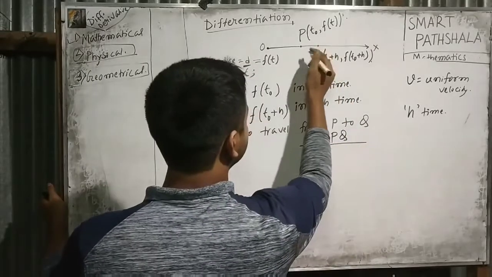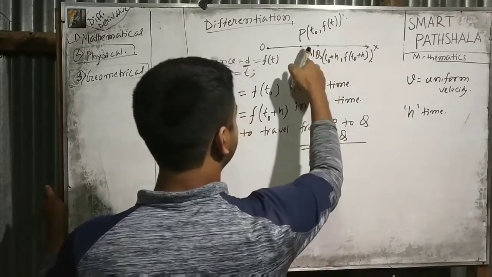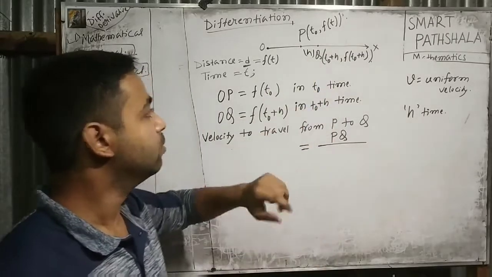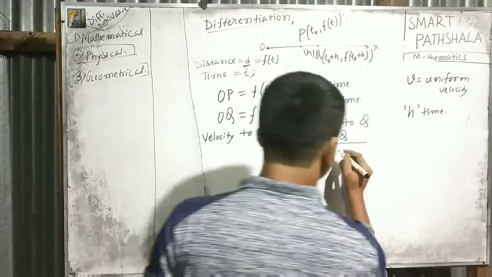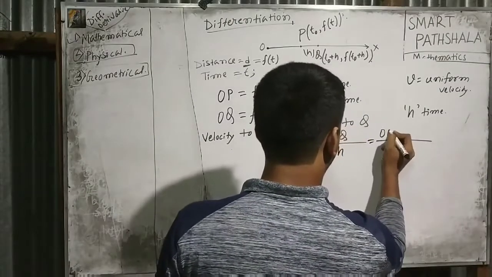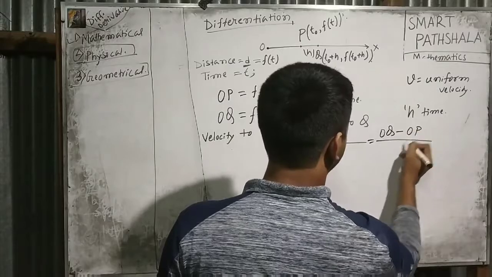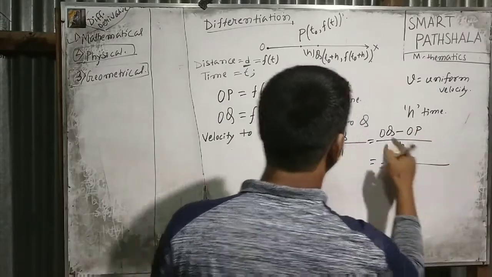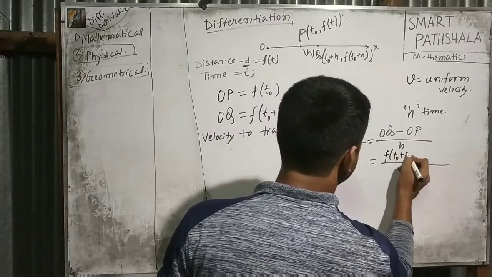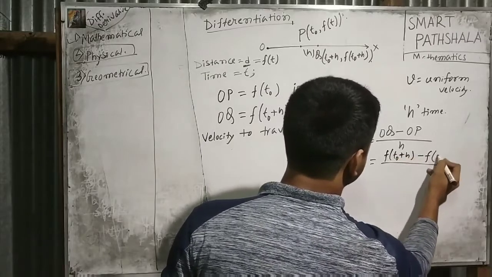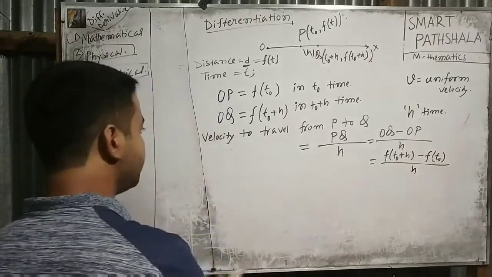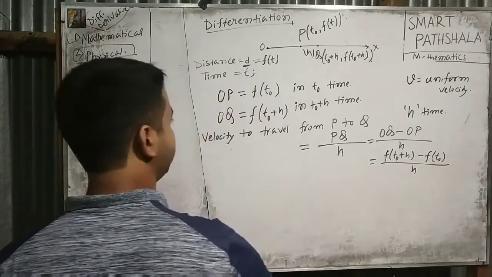Time is this h, because when I was here, the time was only t0, then I traveled more h time. Now we can write PQ as OQ minus OP by h. So I can write this term, that is, f of t0 plus h minus f of t0, by h. Right? I can write this.